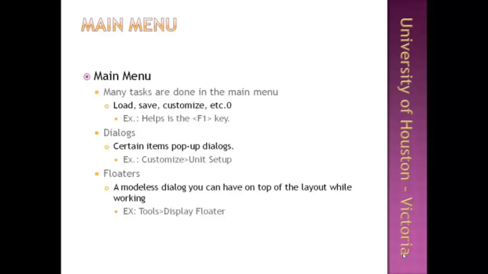And this main menu contains lots of items that you can essentially use for many different purposes, from saving a file, loading a file, customizing your layout that I already showed you how to do, launching panels, and all the different sorts of things. An example of this item is Help, which you can either go on the main menu at the far right and click on Help, or you could basically press F1.